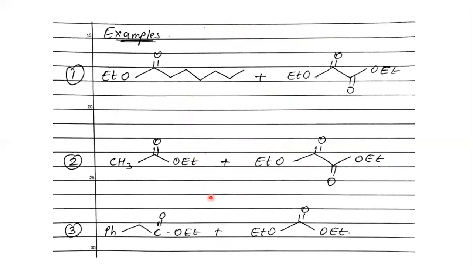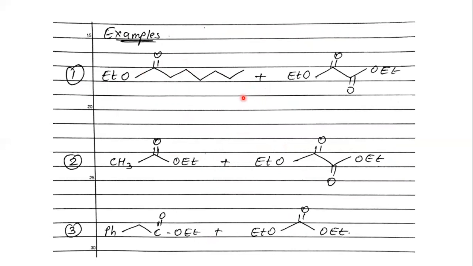Now, before you draw the products, there is a chance that this molecule can also undergo self-condensation. Just like if you remember the aldol condensation, we sometimes had a mixture of 4 products. One product was due to the reaction between aldehyde and ketone. The other products were the self-condensation of an aldehyde and the self-condensation of a ketone.